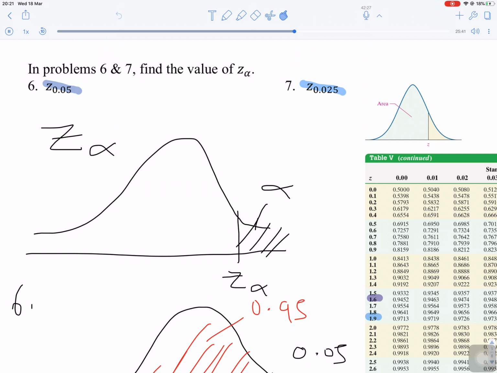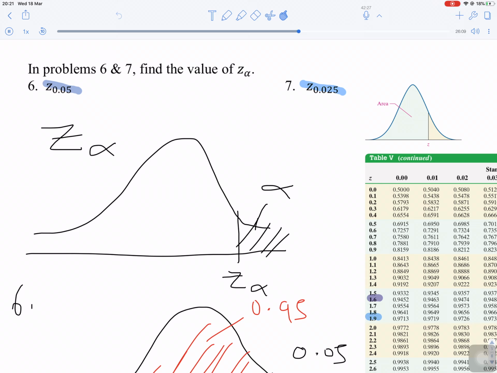Now, when you see the notation that way, z sub alpha, what it means is that you are looking for the z-score, which is a positive value, where the area to the right of that value is alpha. So that is what I've drawn, and then I've shaded the region where alpha falls. So that is z sub alpha.